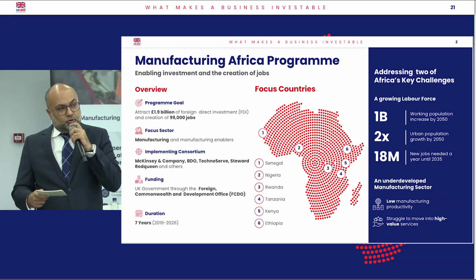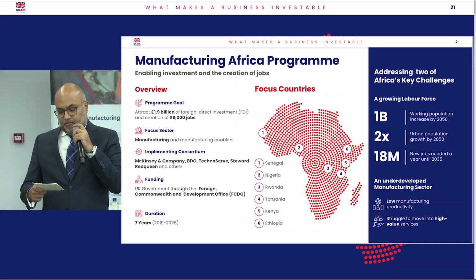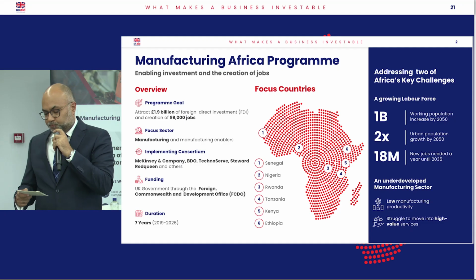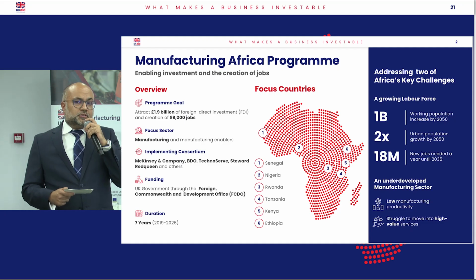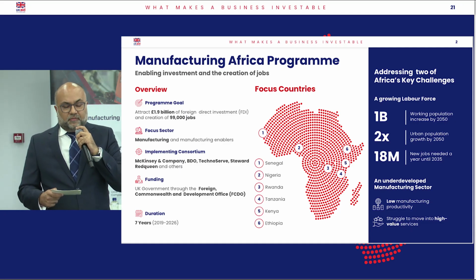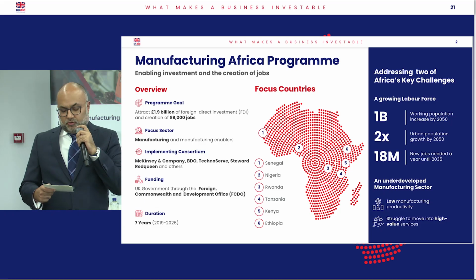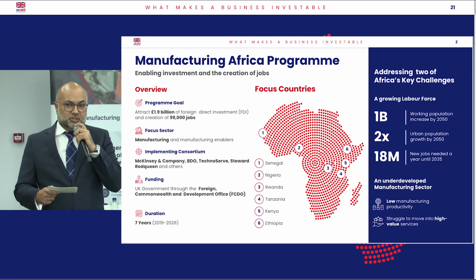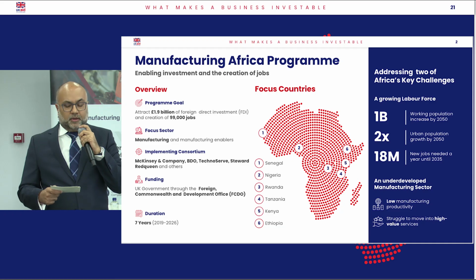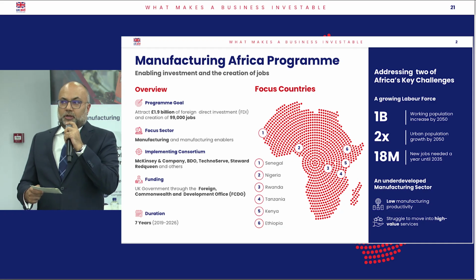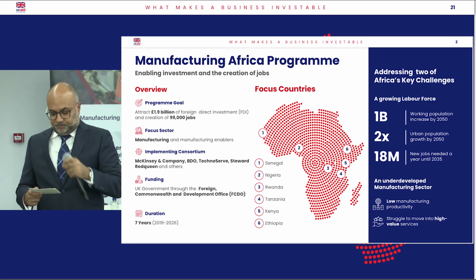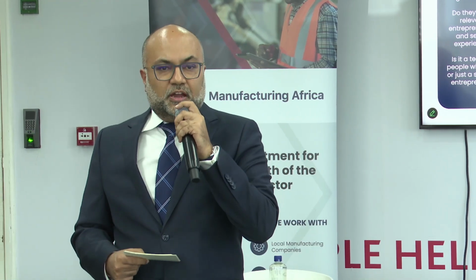The countries currently in focus are Senegal, Nigeria, Rwanda, Tanzania, Kenya, and Ethiopia. Over the last 5 years, Manufacturing Africa has assisted over 55 businesses raise more than £2 billion of foreign direct investment.